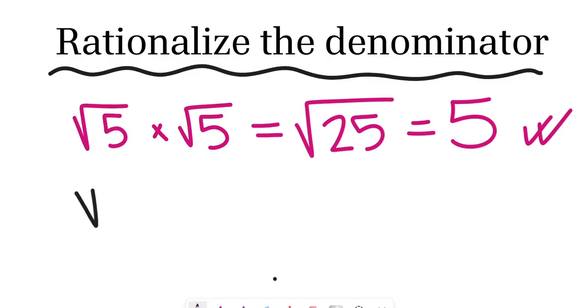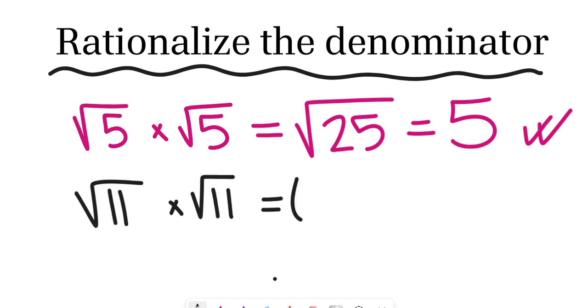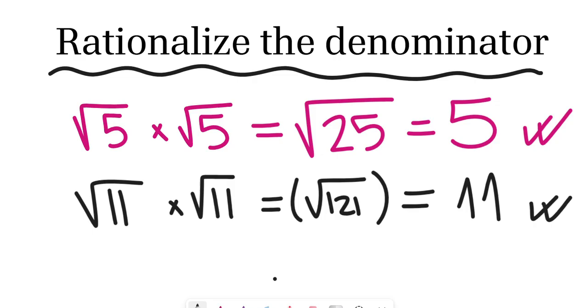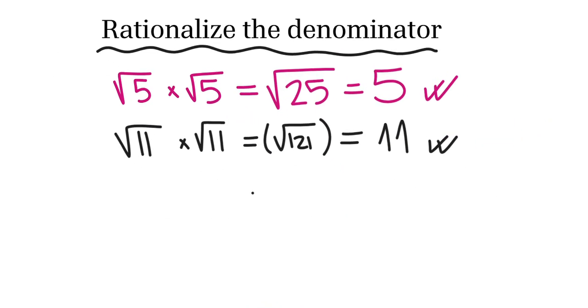So also, if we multiply, let's say, square root of 11 multiplied by radical 11, it will be, again, square root of 121, but this is basically equal to 11. So we do not have to write it again, right?